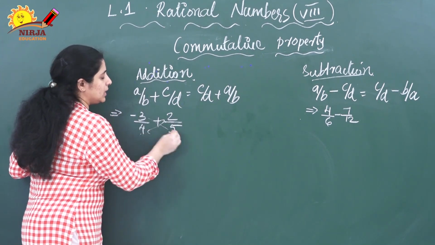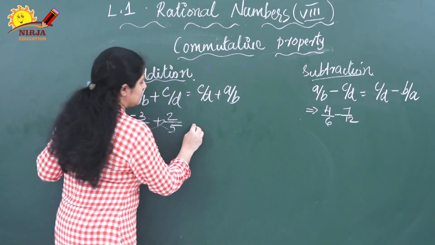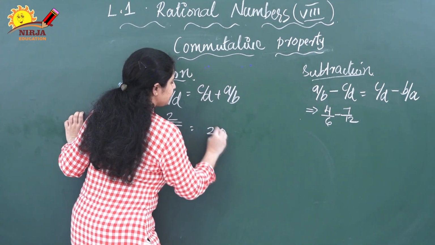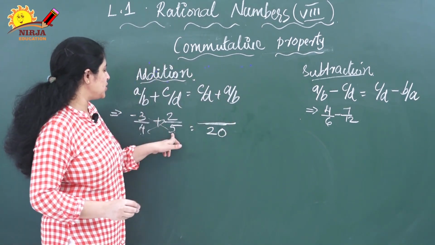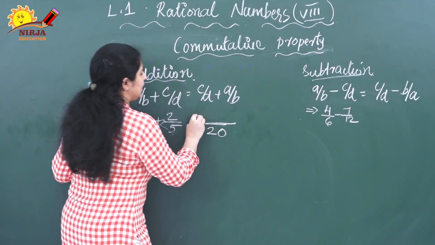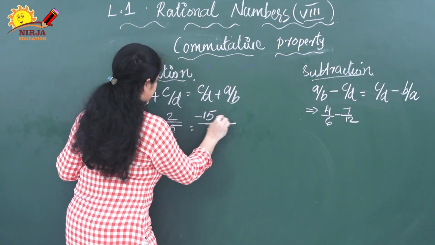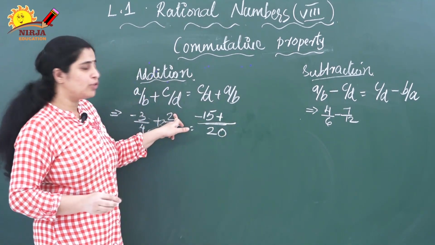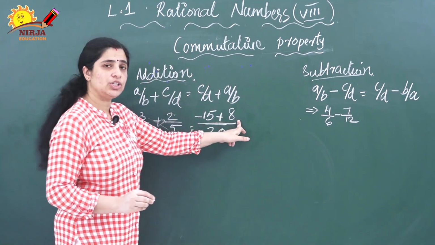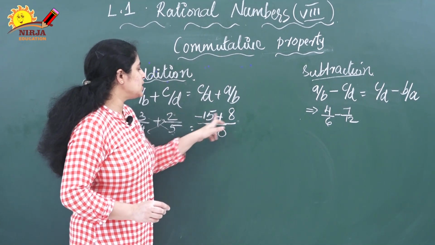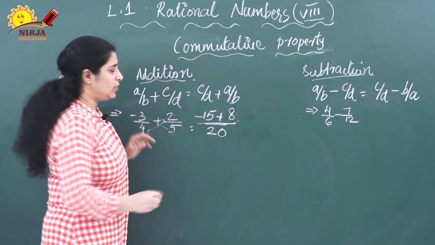First you multiply the denominators. 4 5s are 20. Now do the cross multiplication. 3 5s are 15, the negative sign is there, so minus 15, plus 2 4s are 8. So minus 15 plus 8. What will you get?